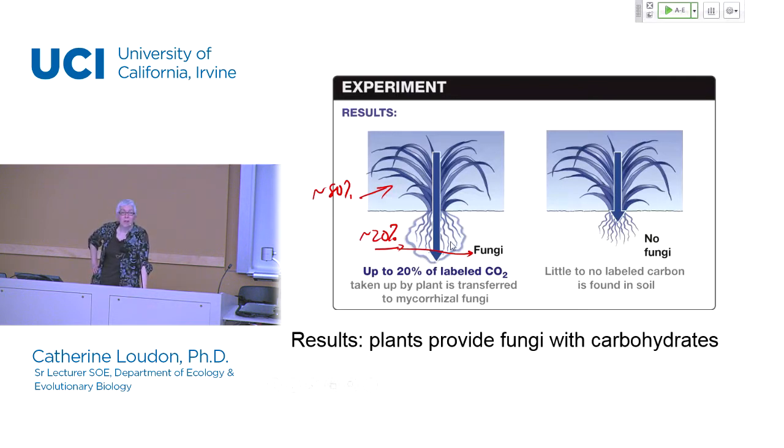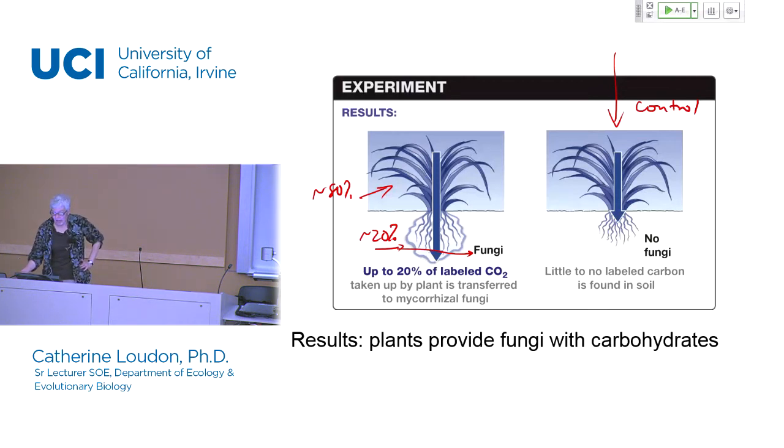Or did it? There's another possible explanation, right? That the plant takes the radioactive carbon dioxide and makes a bunch of organic compounds, and some of them just kind of leach out into the soil through the roots. In order to evaluate that, that's why the control on the right-hand side is so incredibly important, because if one then looks at how much radioactivity is in the soil, virtually none is in there at all.